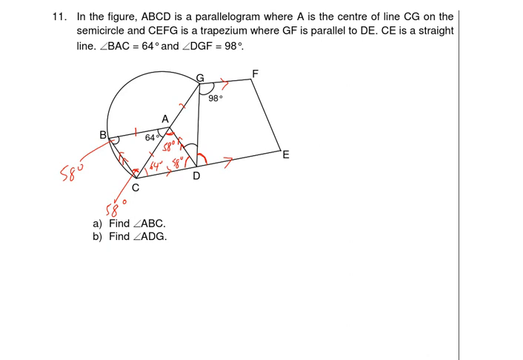Interior angles, right? This type of angles, where you have 98 degrees and this will be 102 degrees, right? Because these two must add up to 180, oh sorry, 82 degrees.